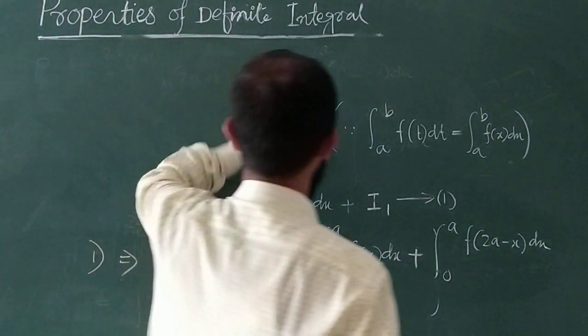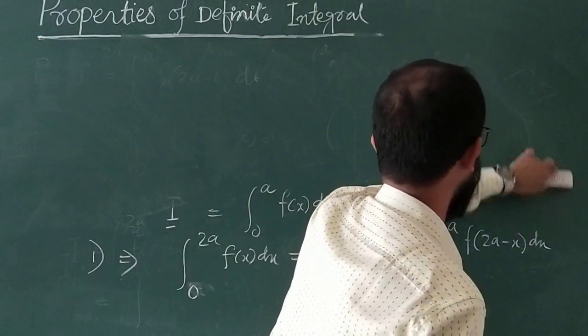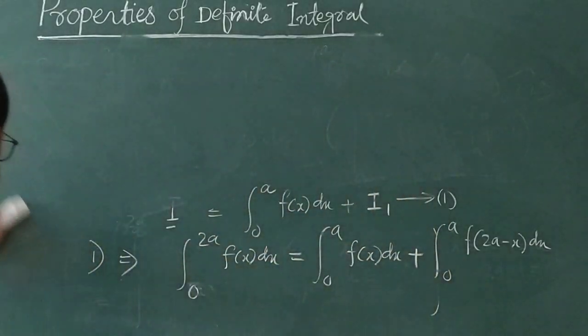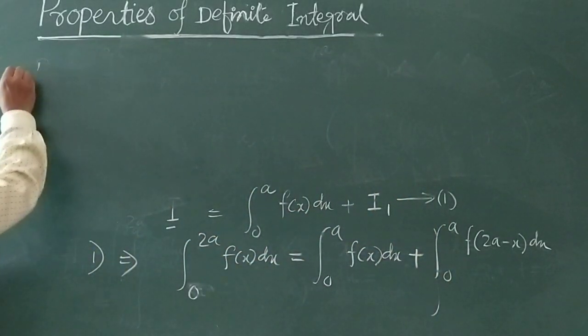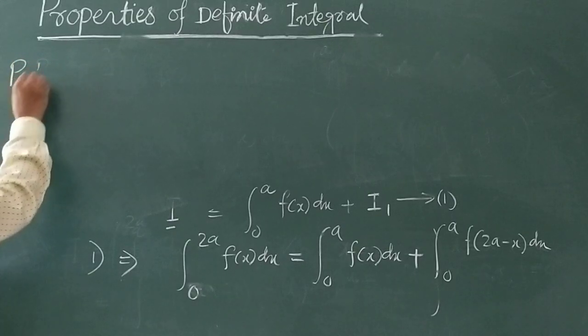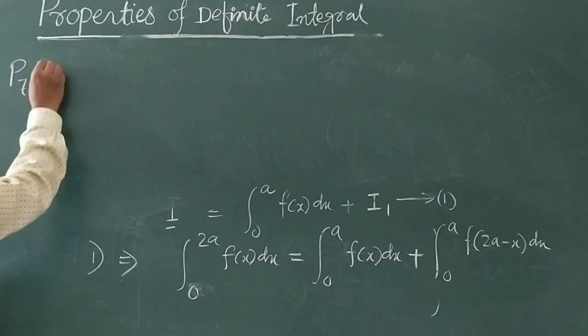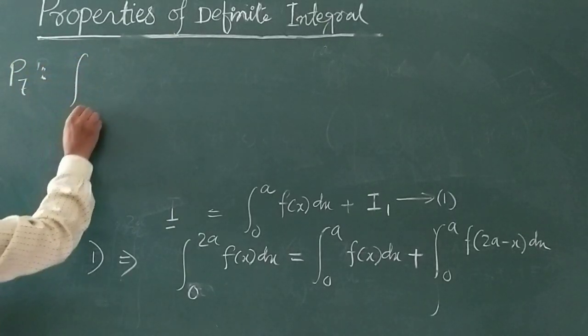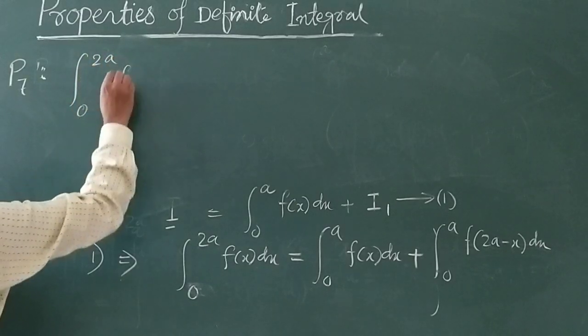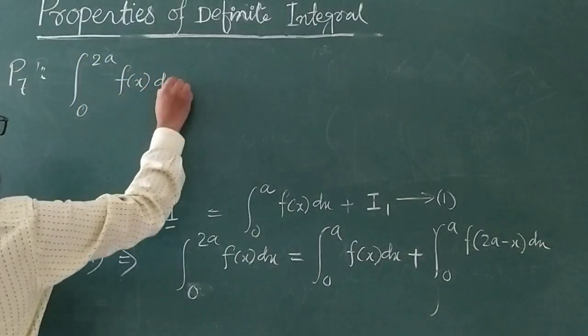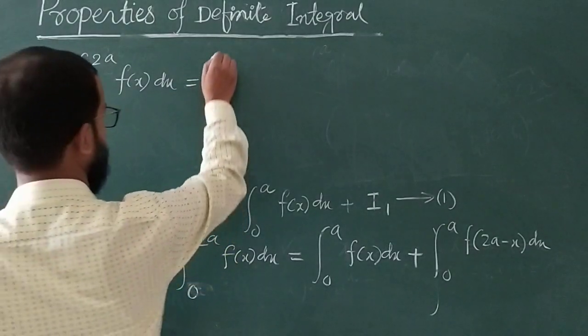Now what is the next property? This is very important. With this property we are going to solve a few questions. Property number 7. The property is integration 0 to twice a fx dx is equal to, there are two results.